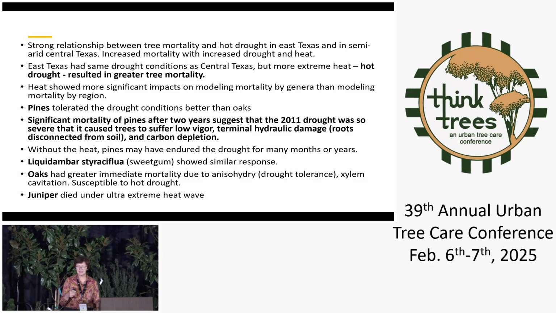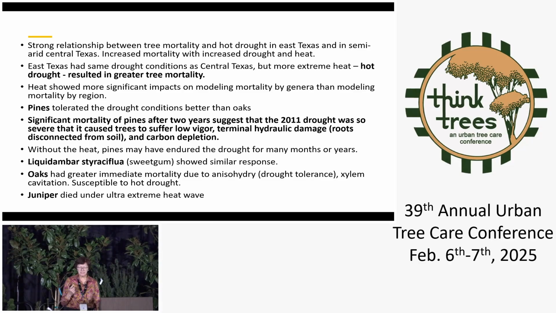But for the pines, there was a delayed mortality after 2 years, and probably carbon depletion and cavitation both played a role in that. That's what the researchers hypothesized. And they also say that without the heat, the pines may have endured the drought a lot longer because they are already so well equipped for that.